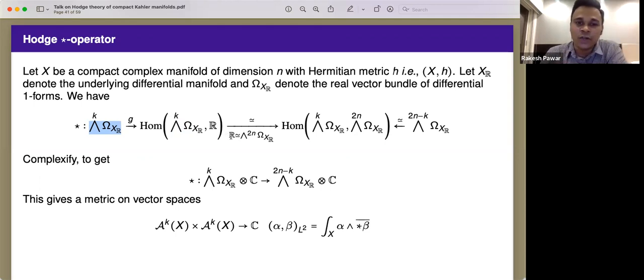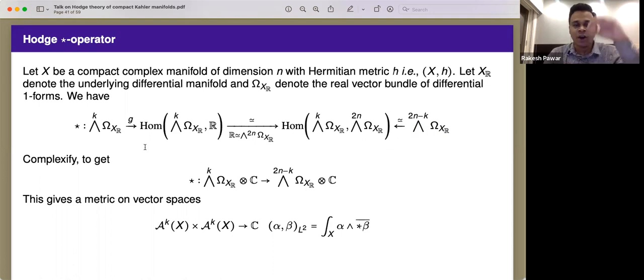Since it's an oriented manifold, you can identify the top wedge product, because X is a 2n-dimensional manifold, with R. This isomorphism comes from the wedge product of differential forms: if you take any (2n-k)-differential form beta and wedge it, you get a 2n-degree differential form, and it will turn out to be an isomorphism.